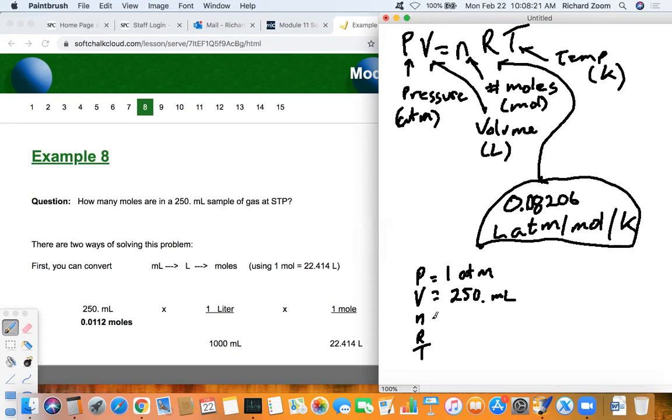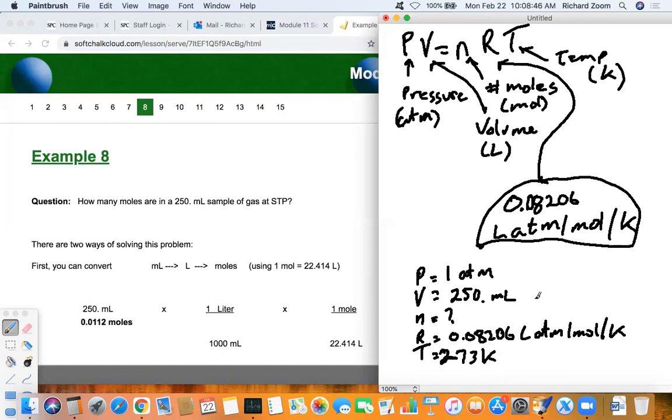I'll come back to that in a second. N is number of moles that we're looking for. R is a defined value, 0.08206 liters atmospheres per mole per Kelvin. And the temperature, it says STP, that's 273 K.